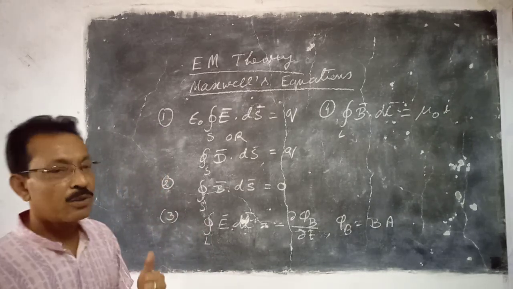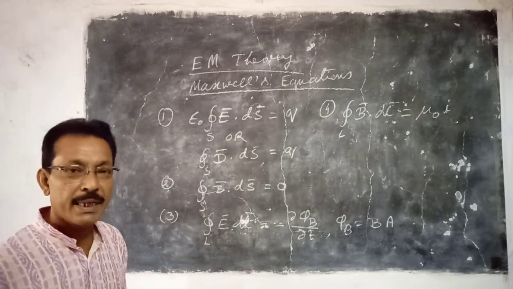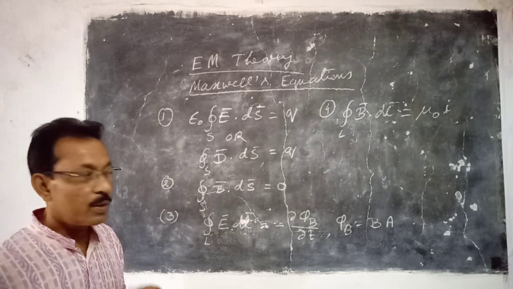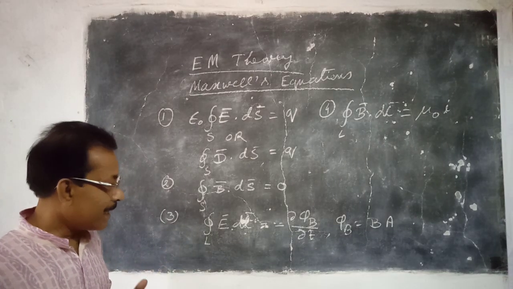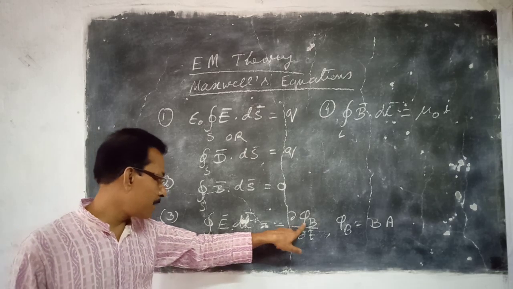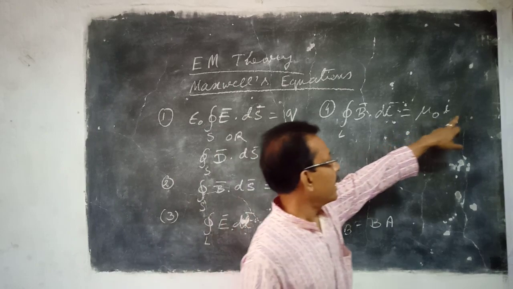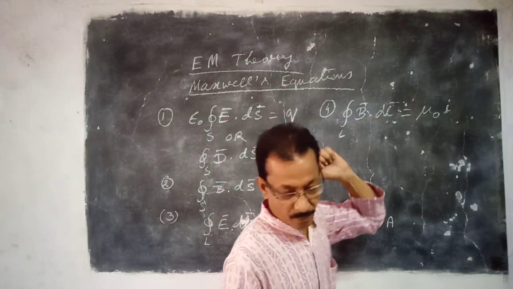DC current cannot pass through the capacitor gap, but AC current can, because in AC the current is varying with time, so the electric field is changing with time. As nature loves symmetry, as a changing magnetic field can produce an electric field, so a changing electric field can produce a magnetic field. That term is missing here.